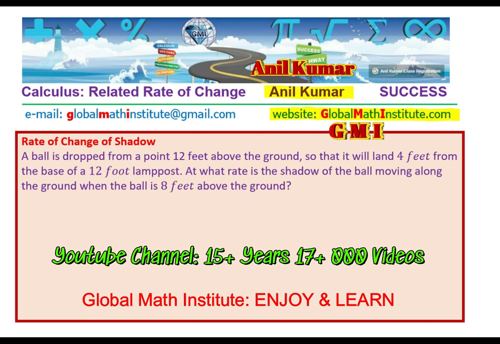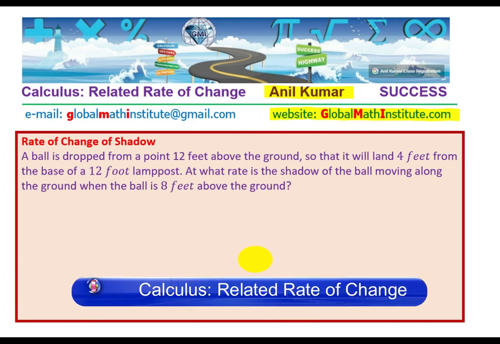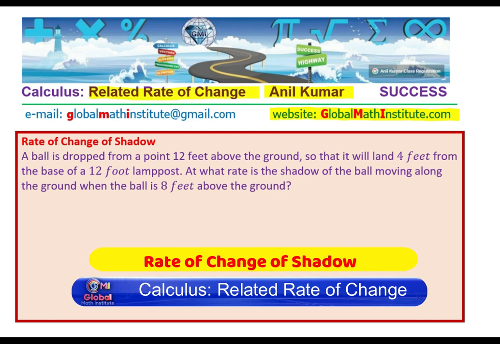In this video, we are taking another very beautiful question based on related rates of change. We'll find the change of the shadow length. The question here is, a ball is dropped from a point 12 feet above the ground so that it will land 4 feet from the base of a 12-foot lamppost.